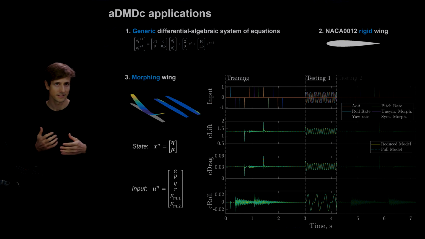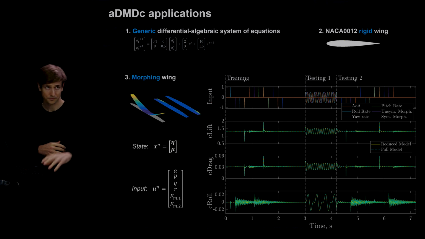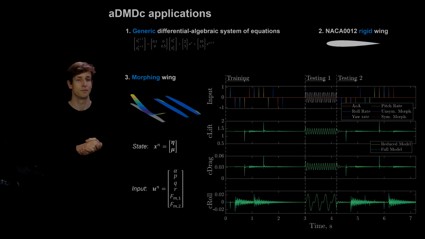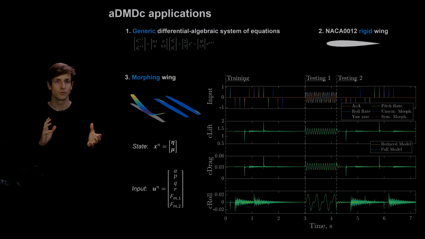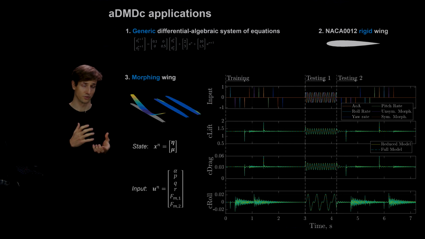So first we test our model by using sinusoidal inputs with different reduced frequencies in the direction of the different inputs. And second, we use a random set of impulsive inputs in the direction of our inputs. With those testing phases, we want to compare our full and reduced order model.